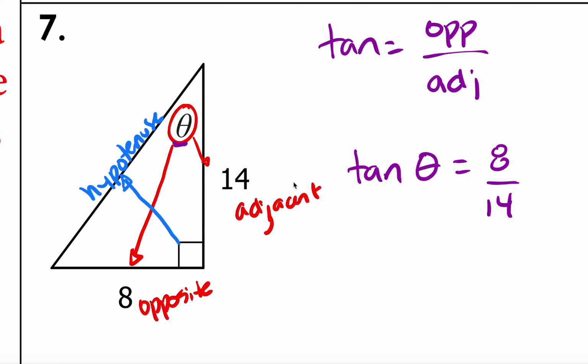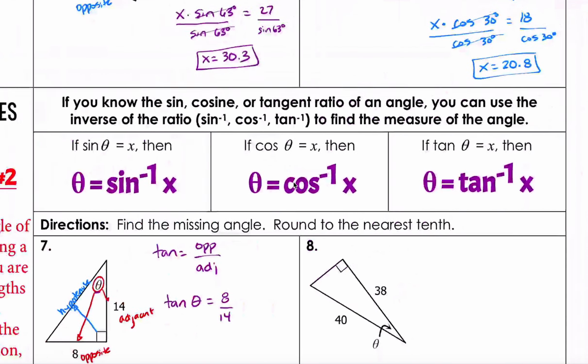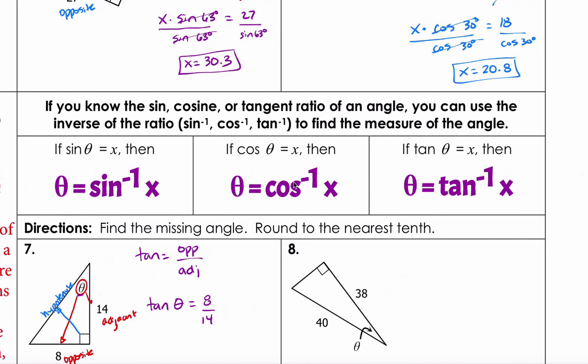Well, if you look above here, we have the inverse of each ratio. I don't know if you've seen it. Let me see if I can get it here on my screen.